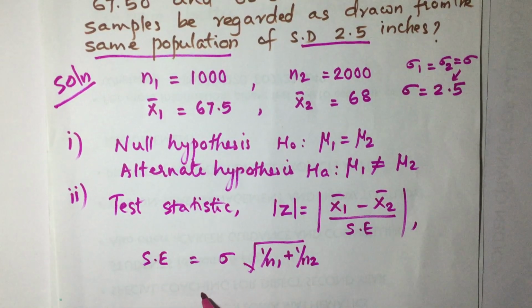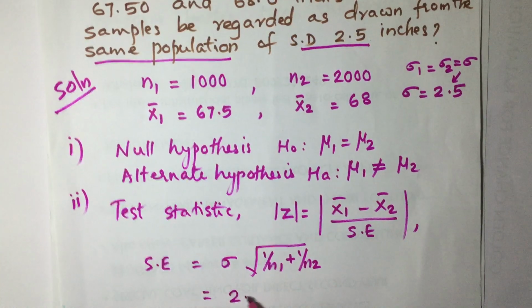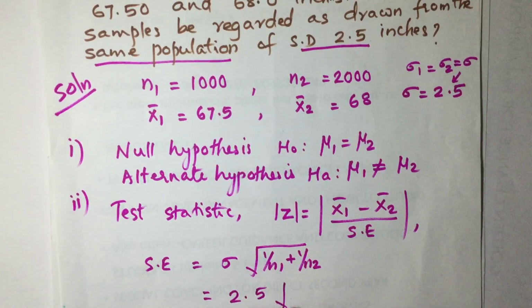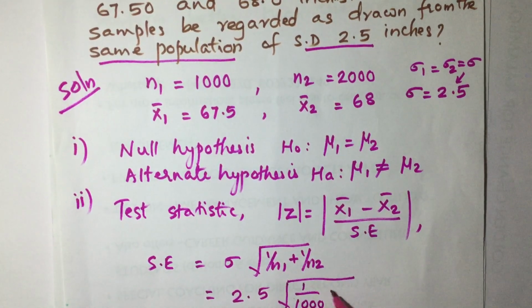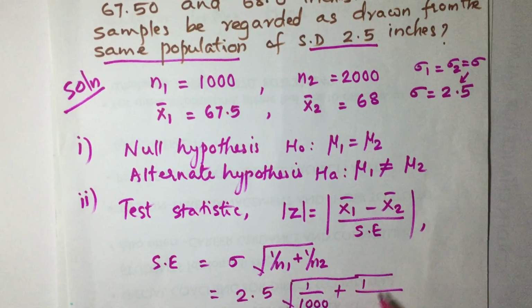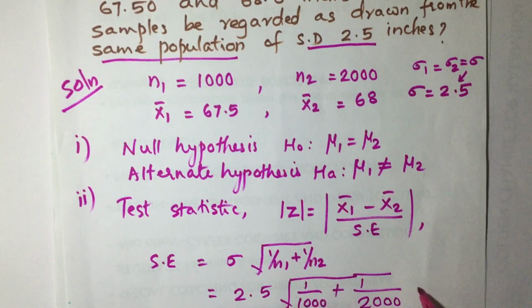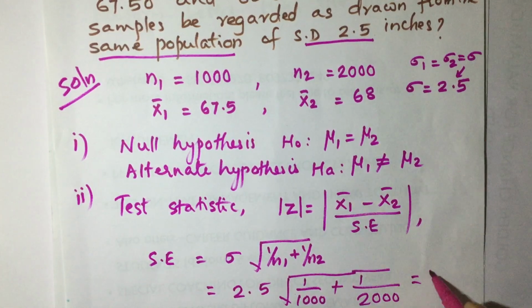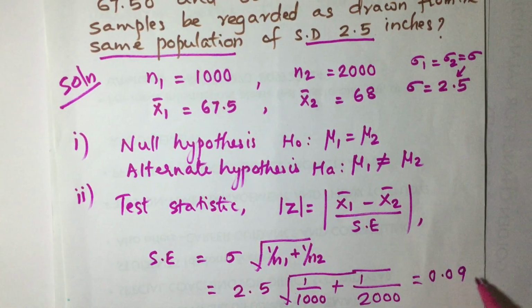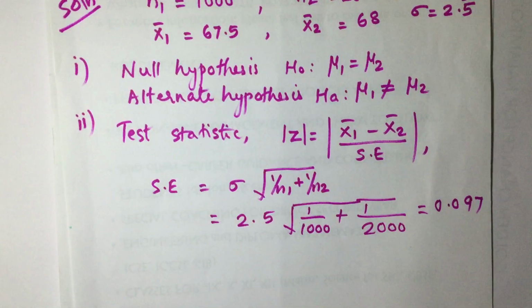So just substitute the values now. Sigma is 2.5 into the square root of 1 by 1000 plus 1 by 2000, and on simplifying you will get the value 0.097.